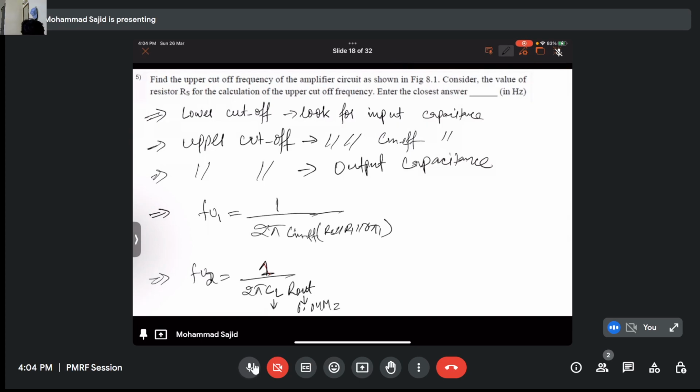CL is given to you. Substitute the values, you know every value. So you will get 1394 kilohertz, and for this you will get a value of 264.64 kilohertz.